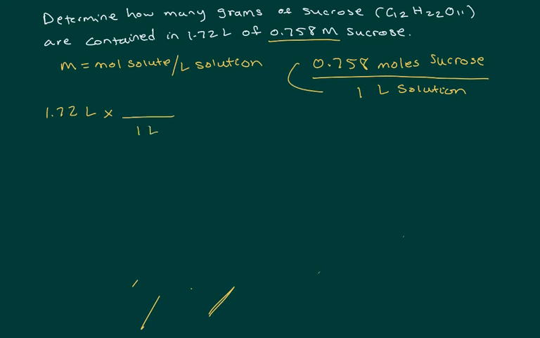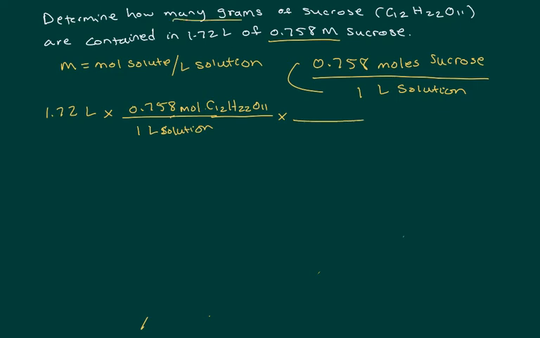For every 1 liter of solution, I have 0.758 moles of sucrose. The chemical compound for that is C12H22O11.